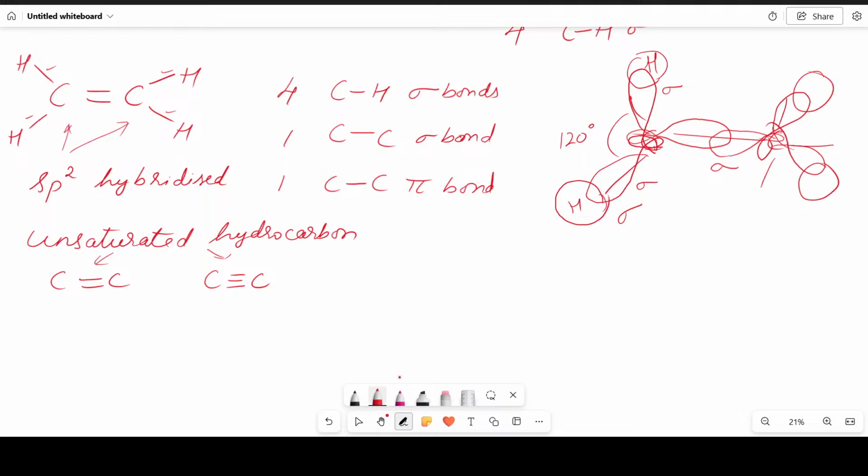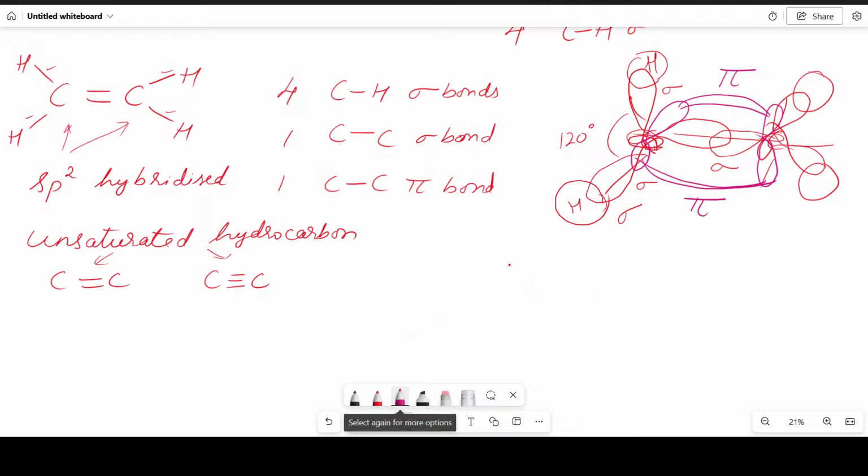Now I need to show the pi bond. So these are unhybridized orbitals, and how are they overlapping? Sidewise, parallel overlap. So this overlap has formed a pi bond.